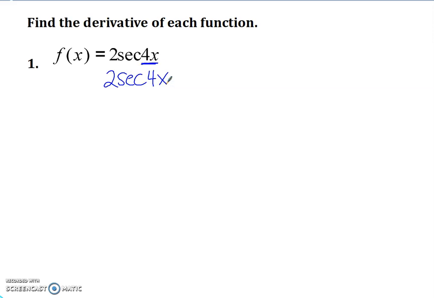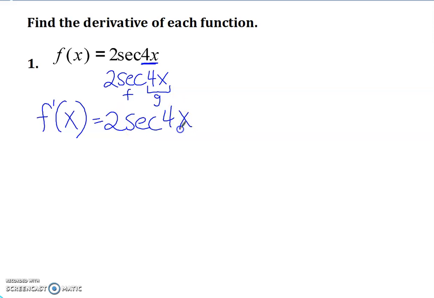So we're going to think about this as f of x, and then that is my g. Okay, so to take the derivative, the derivative of secant, looking at your card, is going to be... you're going to keep this 2 here, and doing the derivative of secant of 4x, well, the derivative of secant is secant times tan.